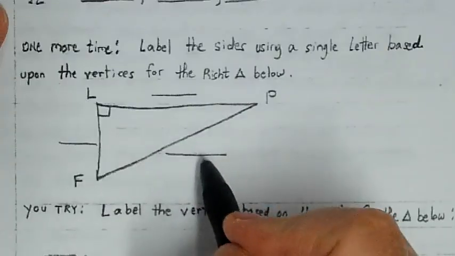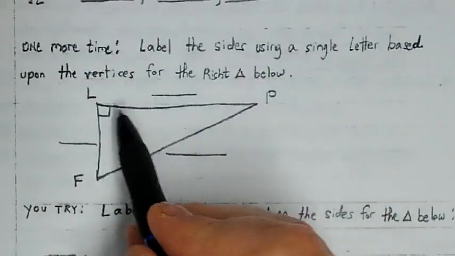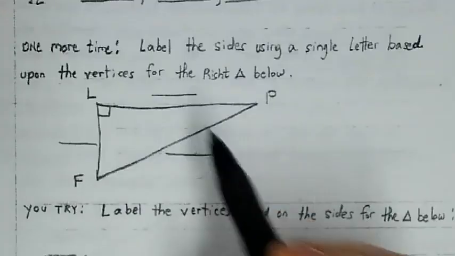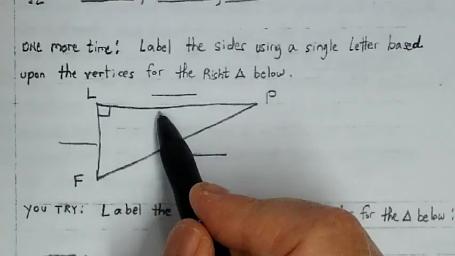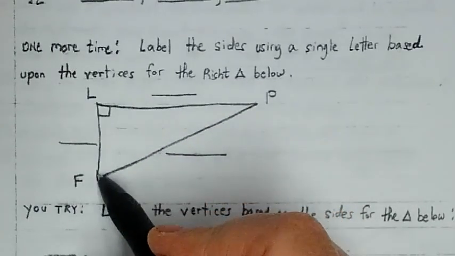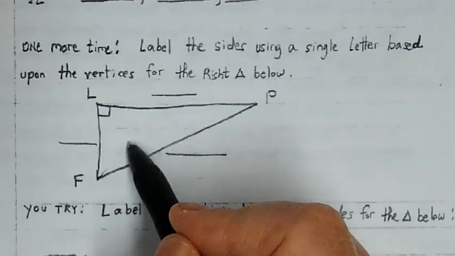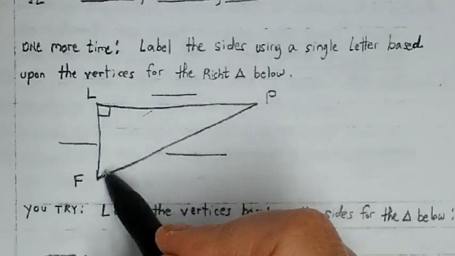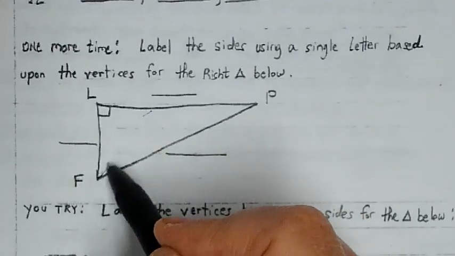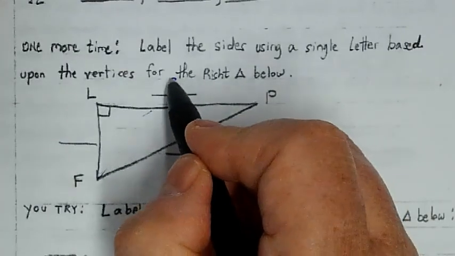Name the sides. In other words, we know this is side LP and PL. But if you look at the angle that's opposite, we get to angle F. So clearly, if you draw that imaginary line, the opposite side from angle F would be side lowercase f.